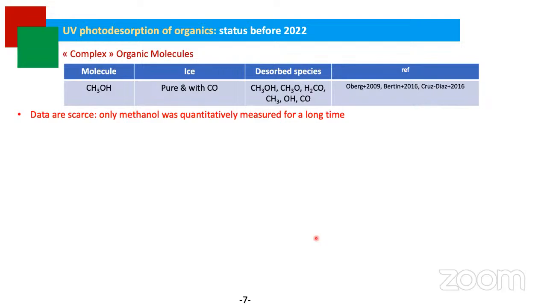We actually detect them in the cold interstellar medium. Problem is when you look at the photodesorption studies that have been done, before 2022, only methanol was studied. And if you consider the case of photodesorption of methanol, well, okay, data are scarce. We only know about methanol for COMs.